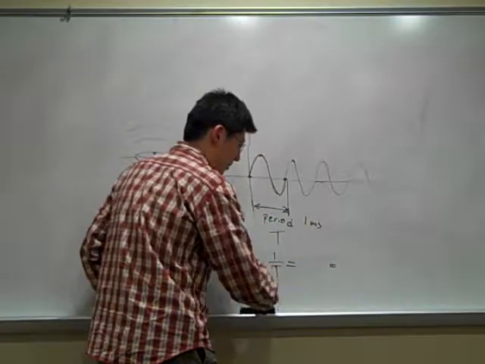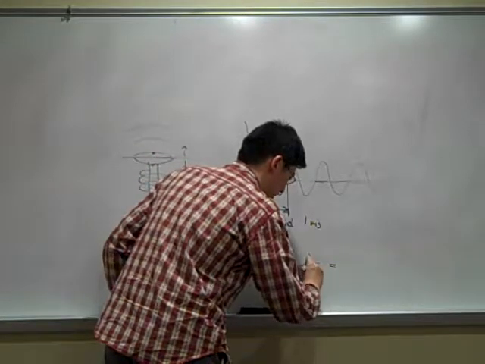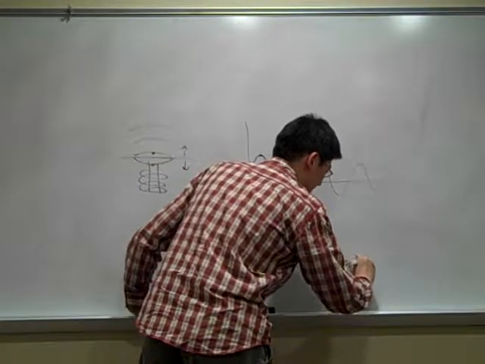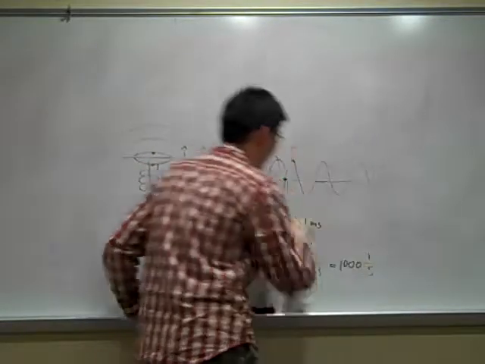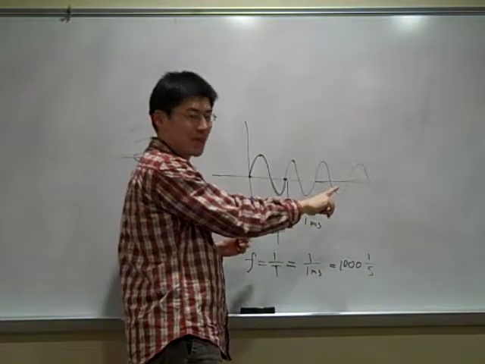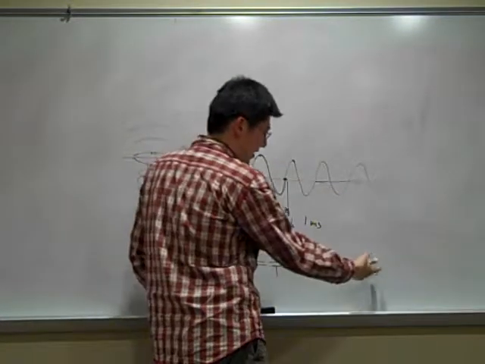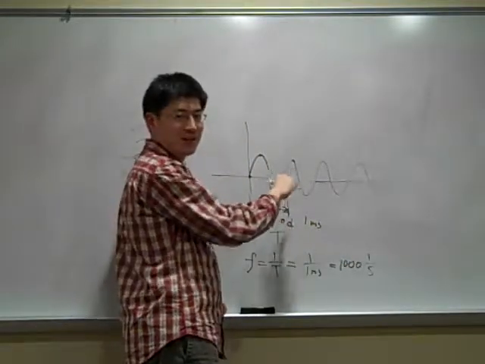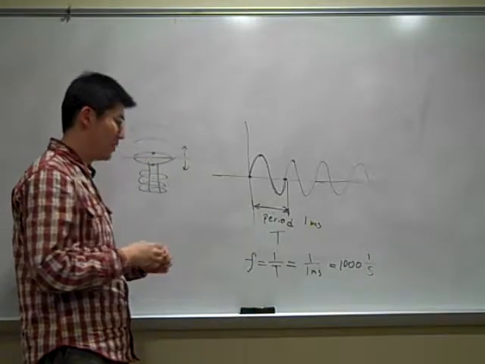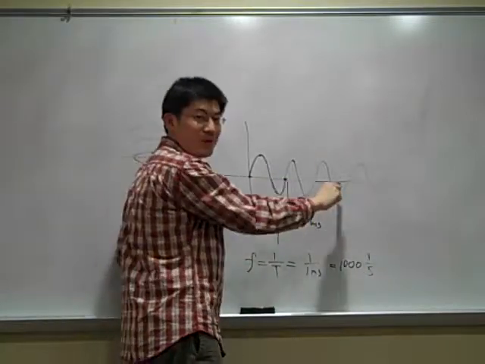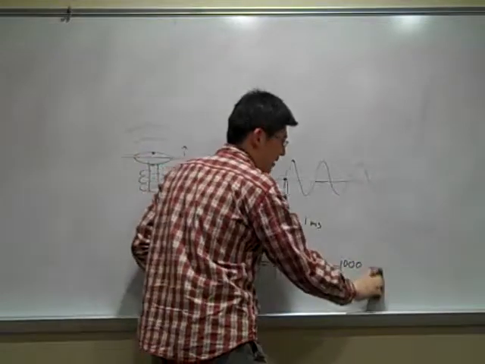How many times per second does it occur? That gives us 1,000 of these repeated patterns per second. Instead of saying 1,000 of these things per second, mathematicians came up with a word for how many of these repeated units occur per second, and they call it hertz.